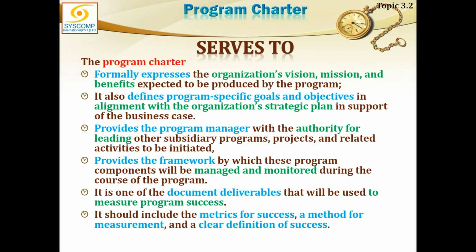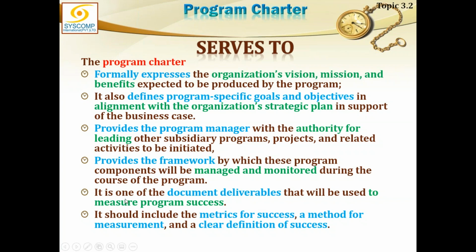So here we explain the program charter. It formally expresses the organization's vision, mission, and benefits expected to be produced by the program. It also defines program-specific goals and objectives in alignment with the organizational strategic plan in support of the business case.